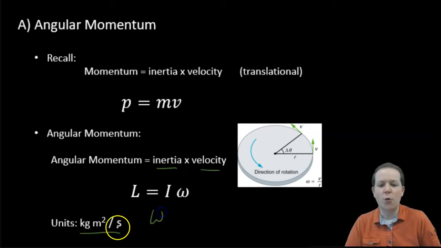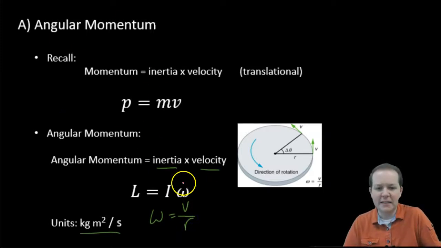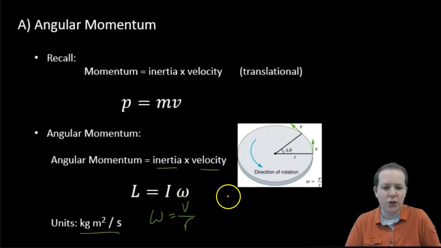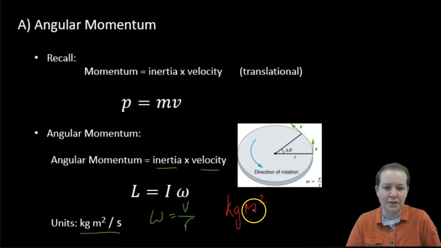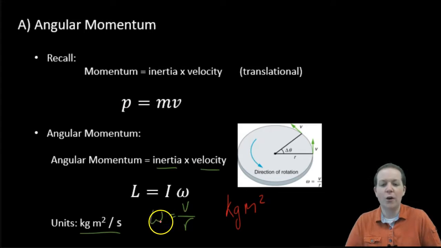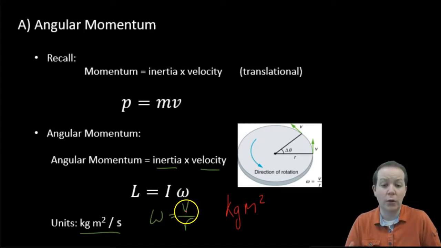If you're wondering where that unit is coming from, it actually has to do with the fact that angular velocity is regular old velocity divided by that distance. And what that implies is, what's the unit for rotational inertia? Remember, it's always some form of mass times radius squared. There's that meter squared. And what are the units for angular or rotational velocity?